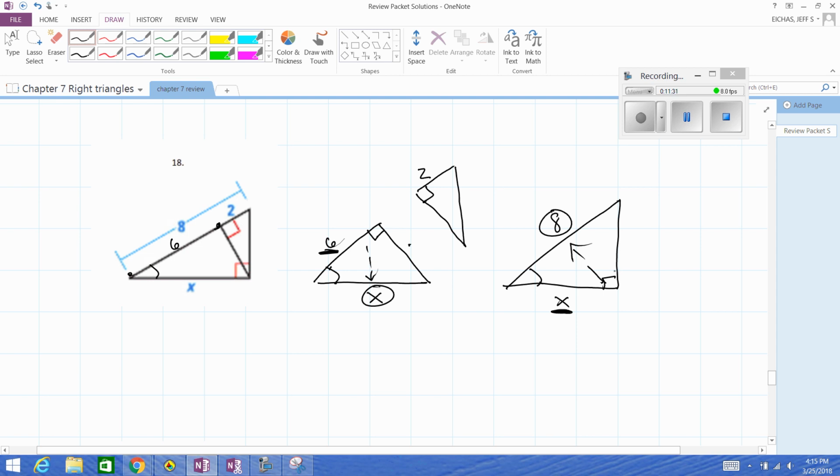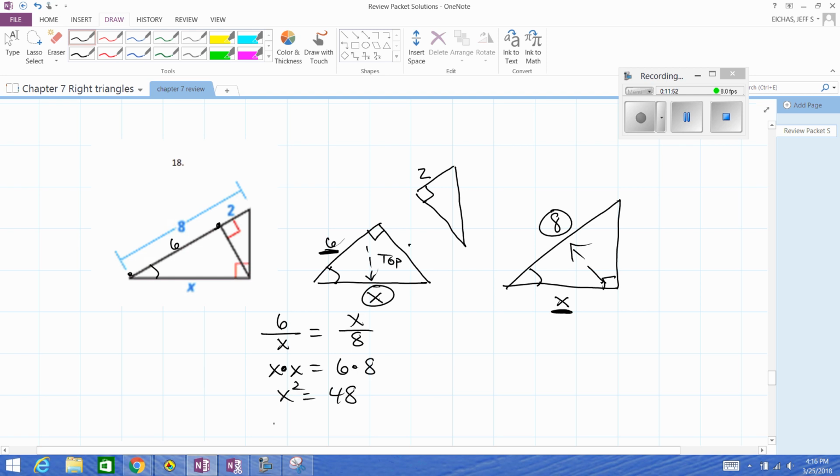So this is another way we do this. Now remember, the whole point was we're going to use the corresponding sides to write our proportion. So 6 over x equals x over 8. And now we have x times x equals 6 times 8.